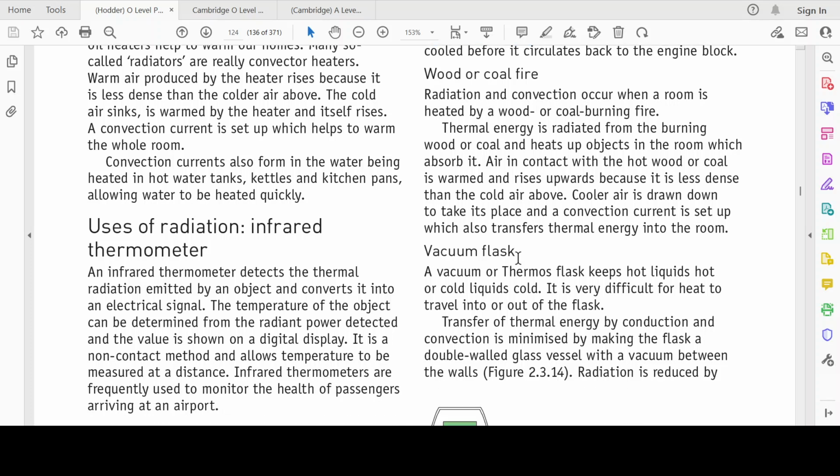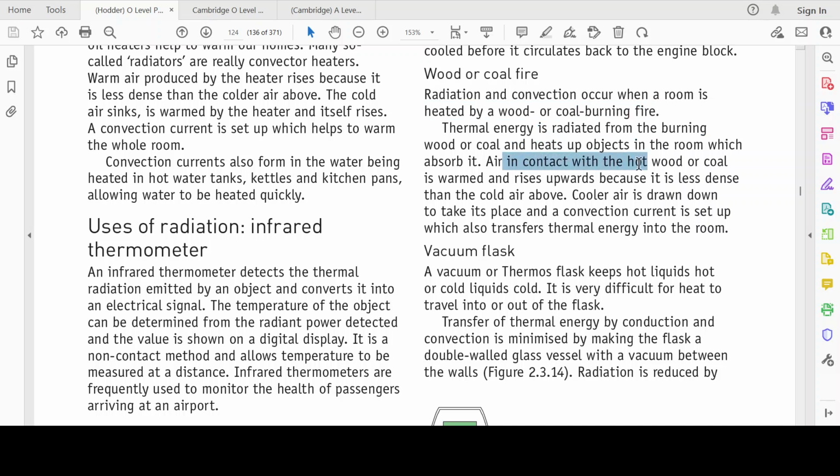Wood or coal fire: radiation and convection occur in a room which is heated by wood or coal. The air gets hot, it rises up, the cooler air comes down. Sorry, that's convection, not radiation.